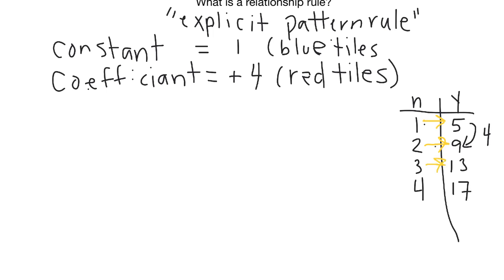Would it work for 3? 3 times 4 is 12, plus 1 is 13. So I have a feeling that it's going to work for 4 as well. So we know from testing that 4 multiplied by the term number plus our constant, which is 1, is going to equal our value.